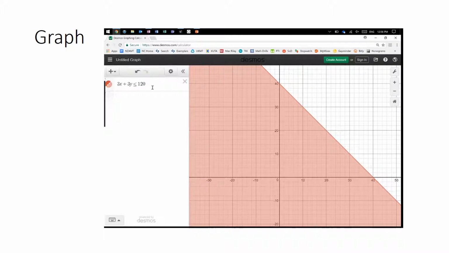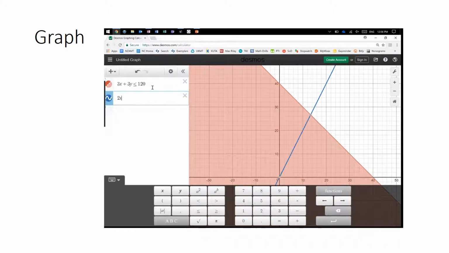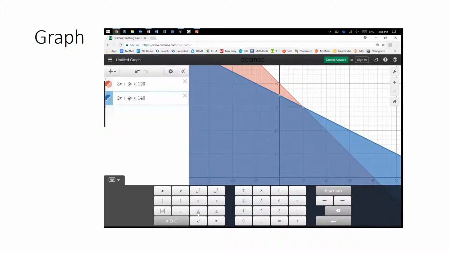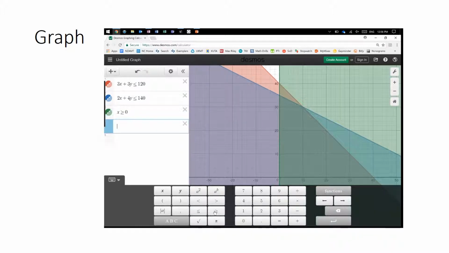Okay, so you go here. 2x plus 4y has to be less than or equal to 140. Those other two constraints: x cannot be 0 and y cannot be 0.